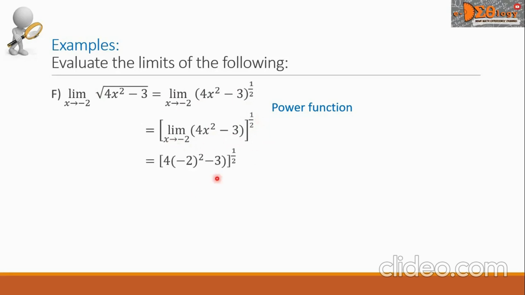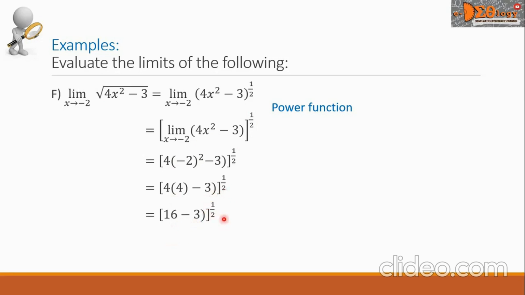Evaluating the limit, we have now 4 times the quantity negative 2 squared minus 3, and this quantity is raised to 1/2. The square of negative 2 is 4, so we have 4 times 4, which is equal to 16, minus 3.